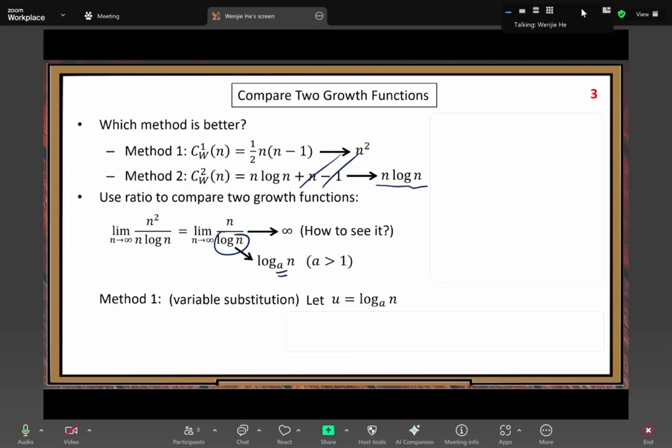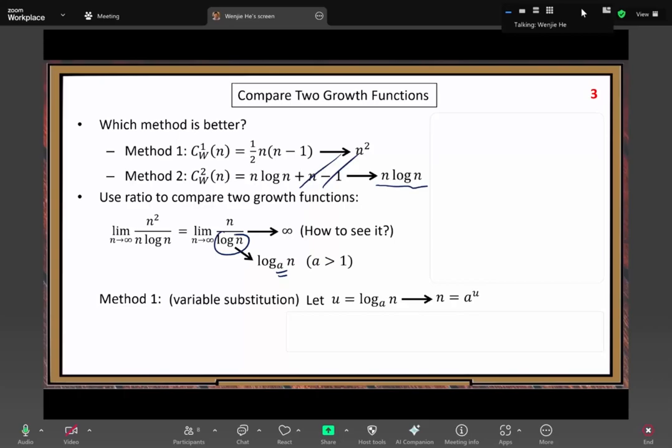Let's introduce a new variable u equals log base a of n. Then we can write n in terms of u by the definition of the log function. n equals the exponential function a to the u.